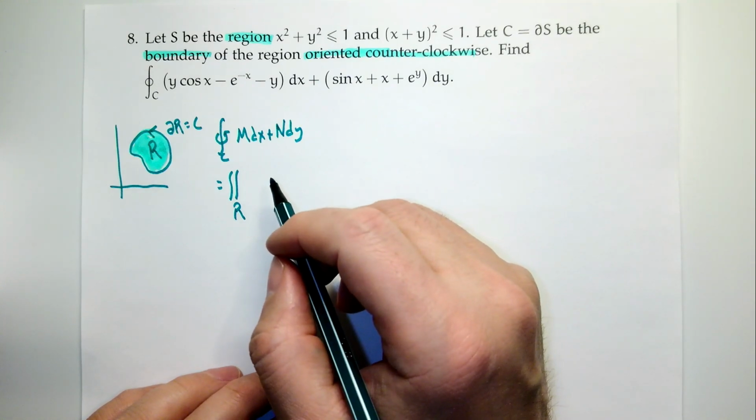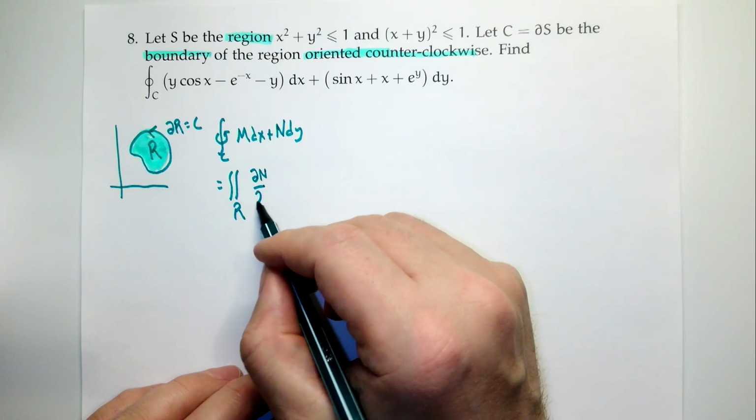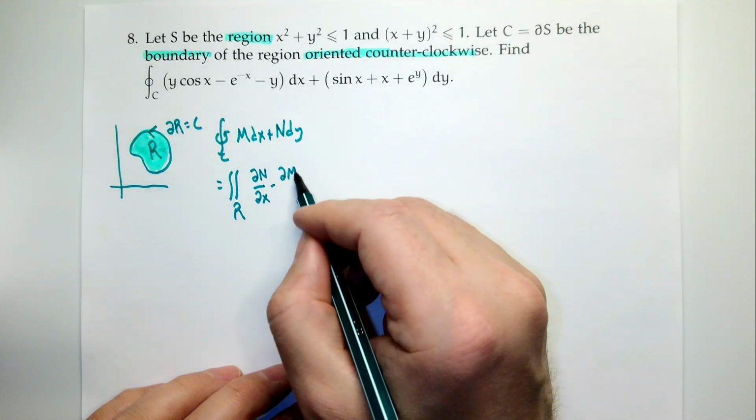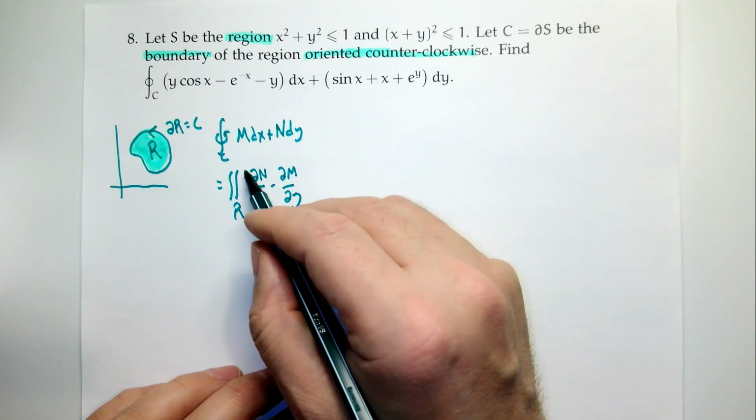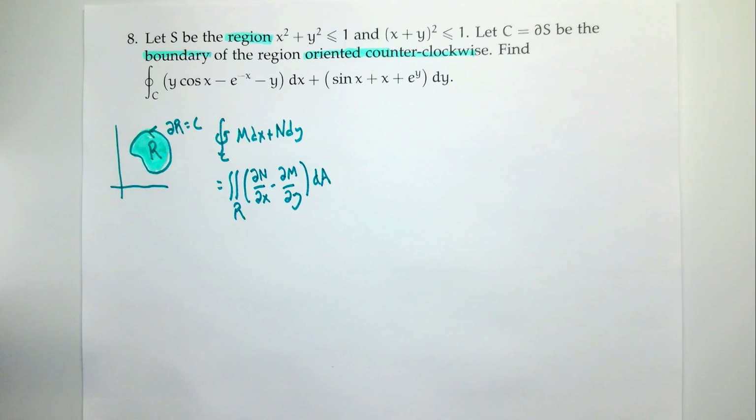And let's see, what will it be? I think it will be partial N partial x minus partial M partial y dA.